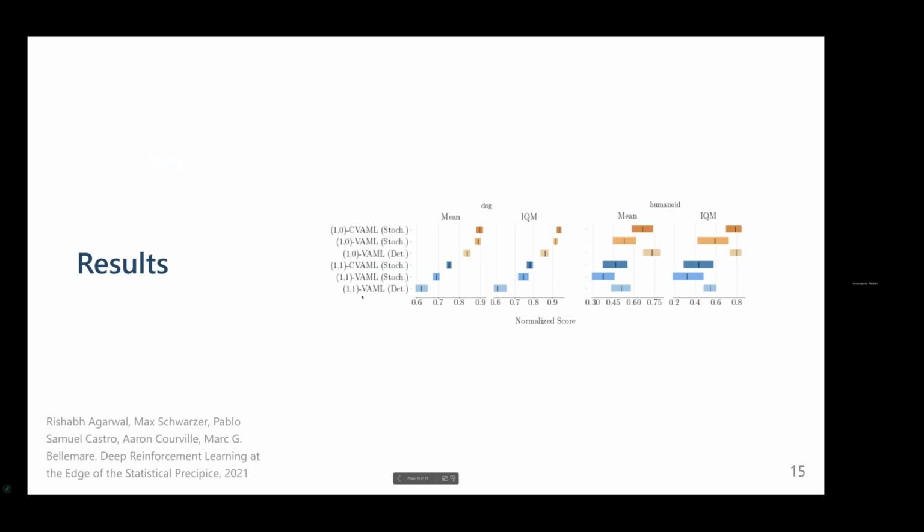So we use a multi-step Bellman operator with a step of 1. The CVAML is the corrected variant, and VAML is the uncorrected variant. And then VAML det just means that we use a deterministic model of the dynamics instead of a stochastic one. And similarly here, the model split and the corrected and uncorrected thing is the same, but these are the ITER-VAML losses from the ITER-VAML paper, meaning that the B is 0.